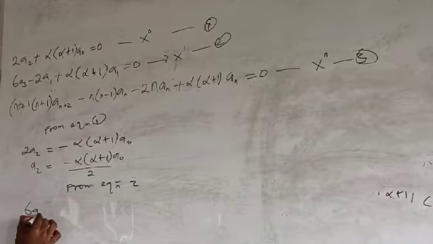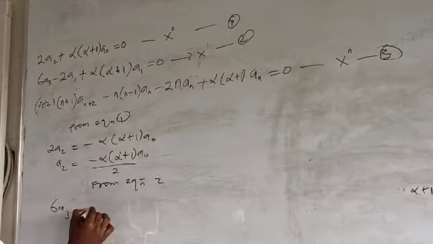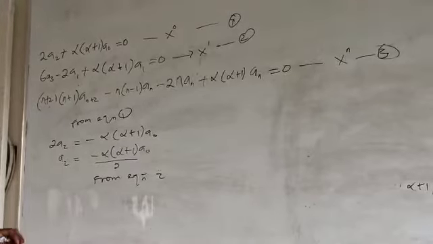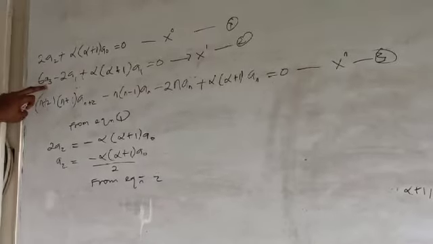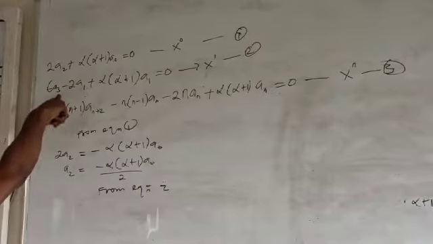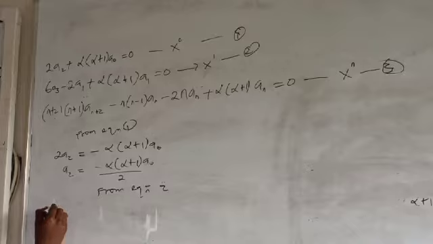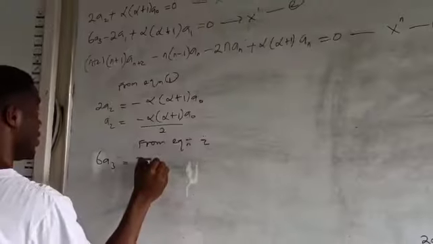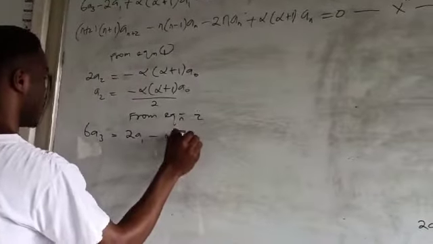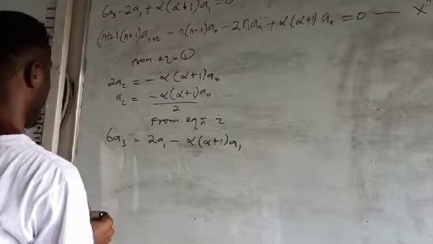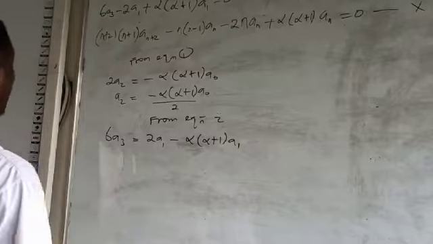So by making this the subject of the formula, we have that 6a3 is equal to 2a1 minus alpha bracket alpha plus 1 a1. Okay, so that's what we have here.